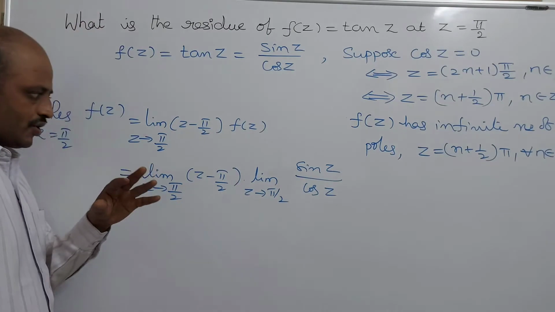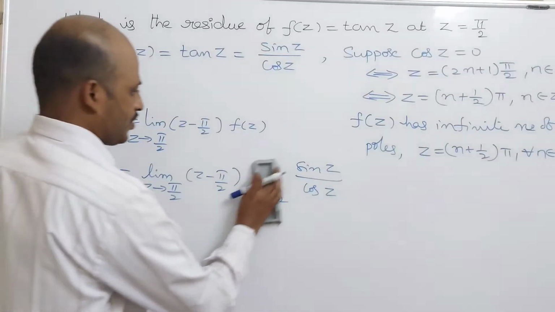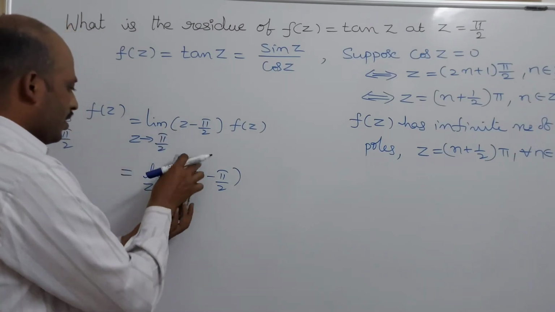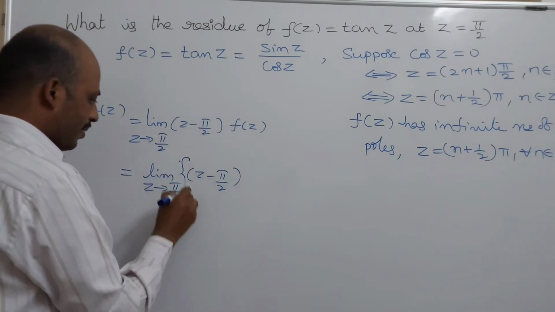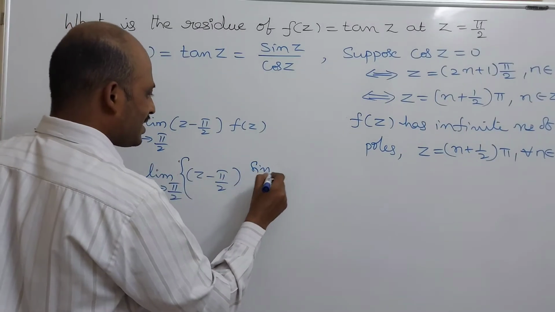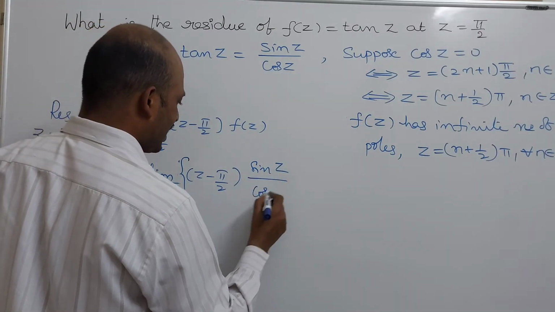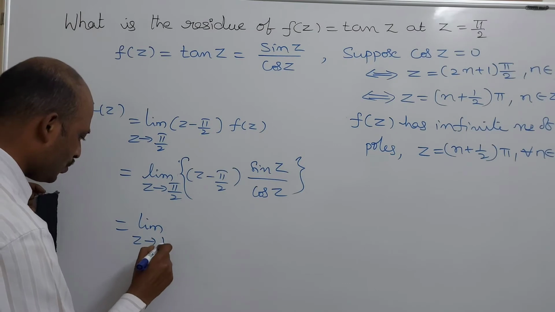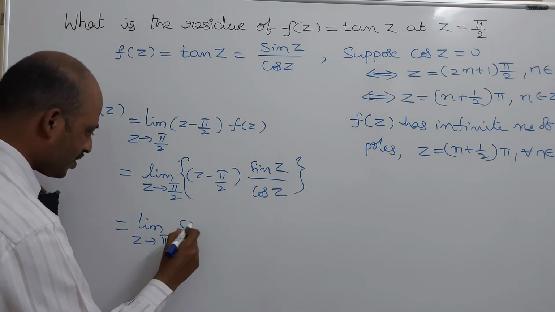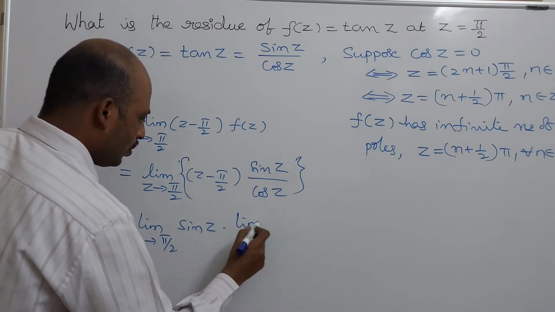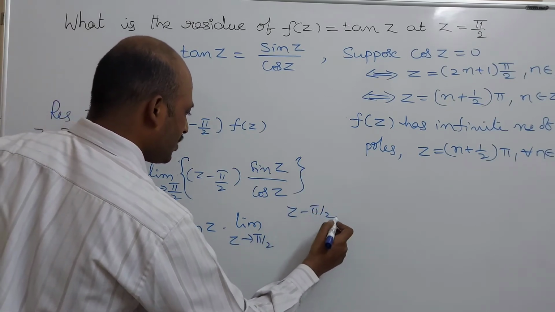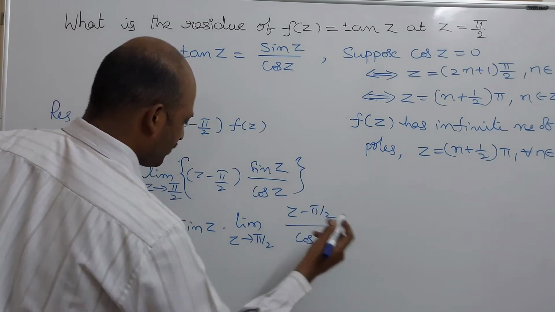Let us rearrange these terms. This is nothing but the limit as z tends to π/2 of sin z times the limit as z tends to π/2 of (z − π/2) divided by cos z.